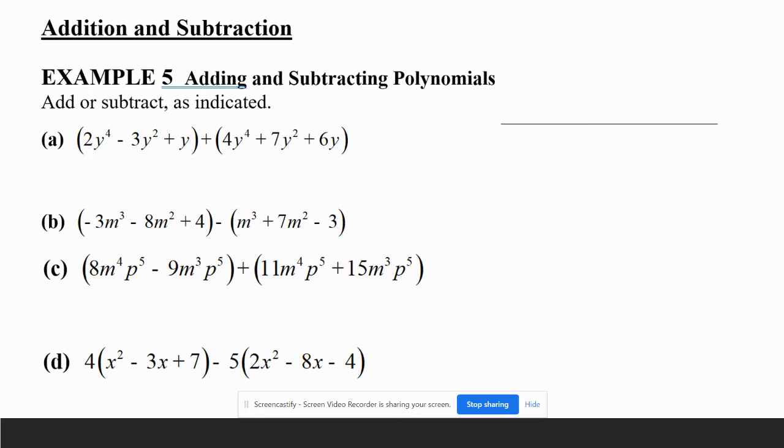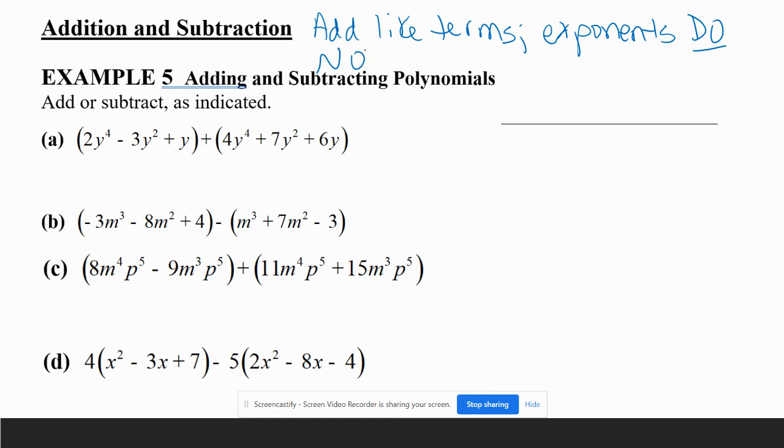All right, adding and subtracting polynomials. When we add and subtract polynomials, we add like terms. Exponents do not change.